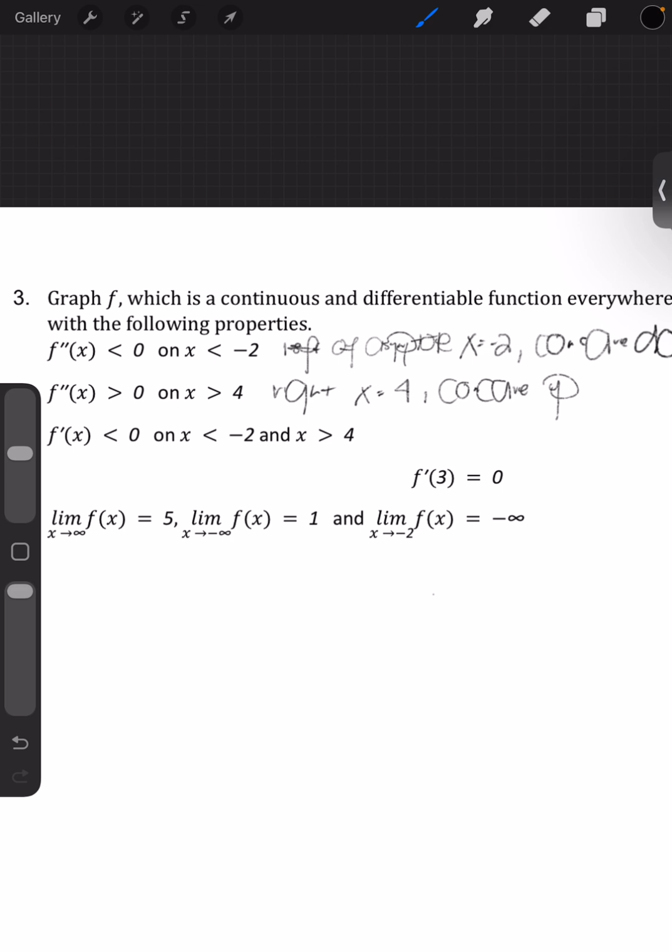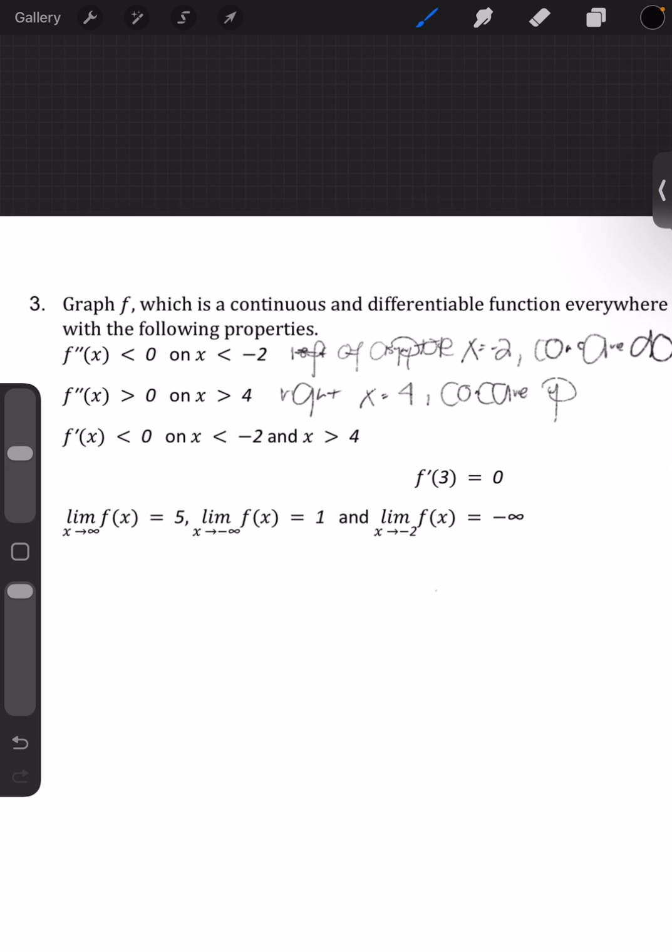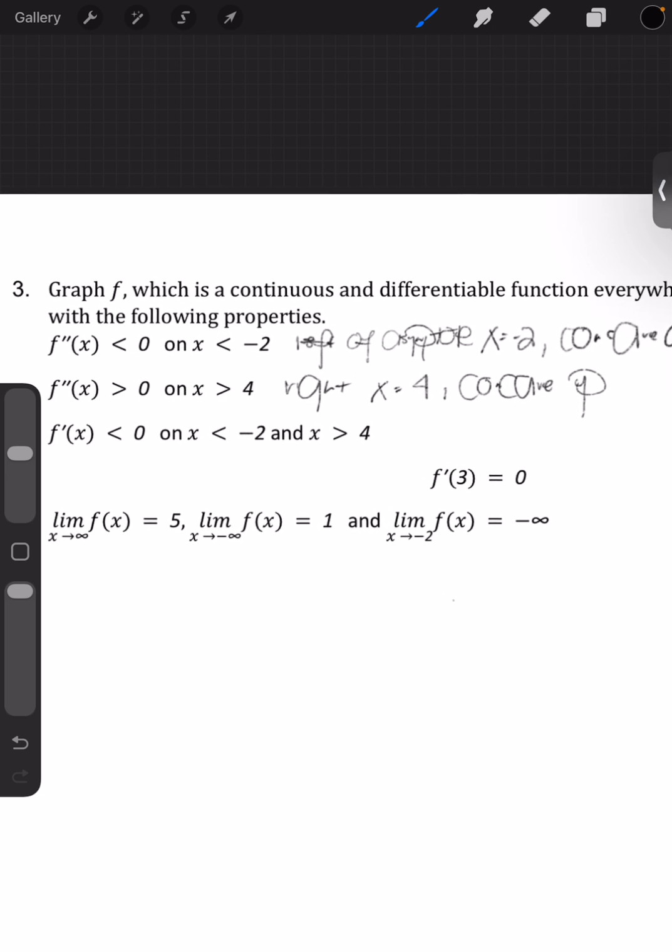And for our first derivative here, we know that for numbers less than -2 and numbers greater than 4, the graph will be decreasing on both intervals.